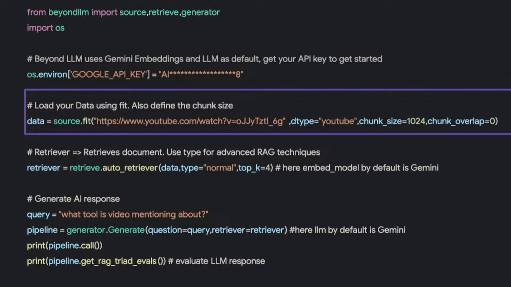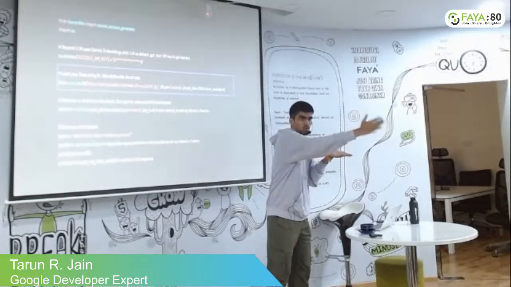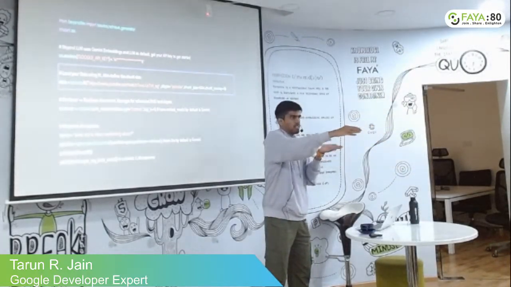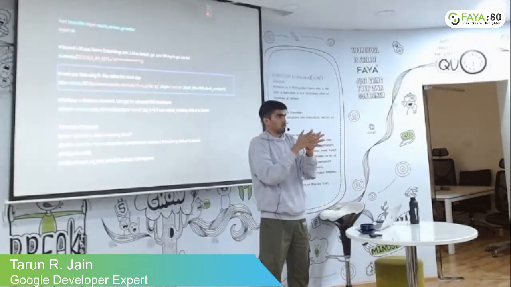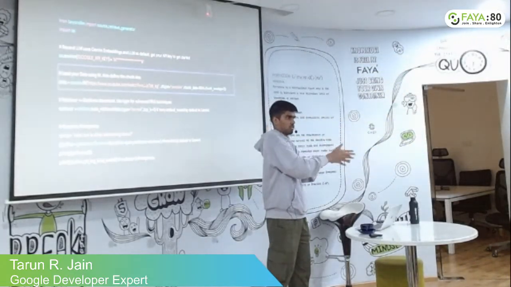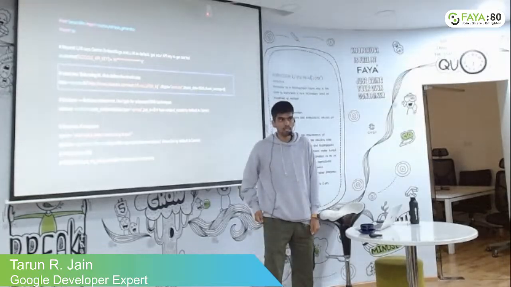If I'm giving chunk overlap to be 100, what happens is, whatever last 100 tokens are there in chunk 1 will be passed in the beginning of chunk 2. Understood? Very simple. Chunk overlap is nothing but how many tokens you are supposed to use from the previous chunk, right?